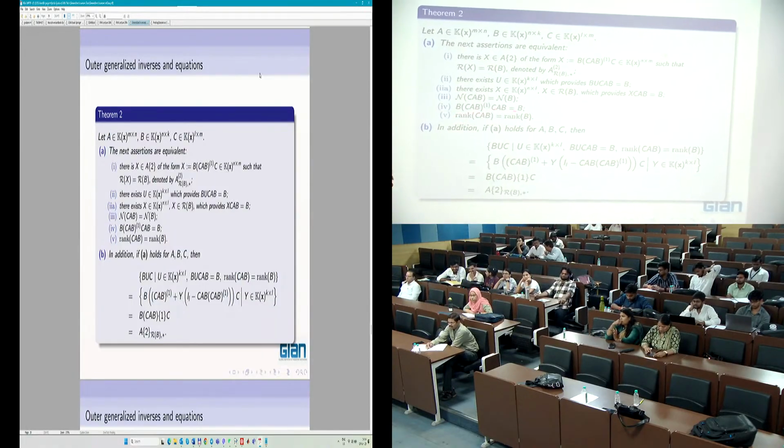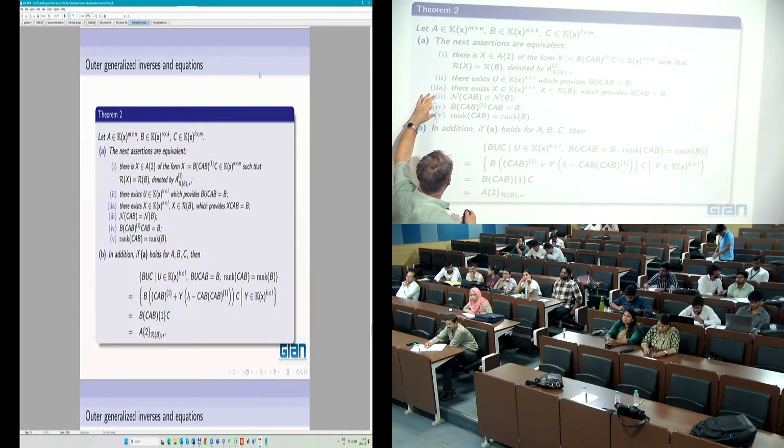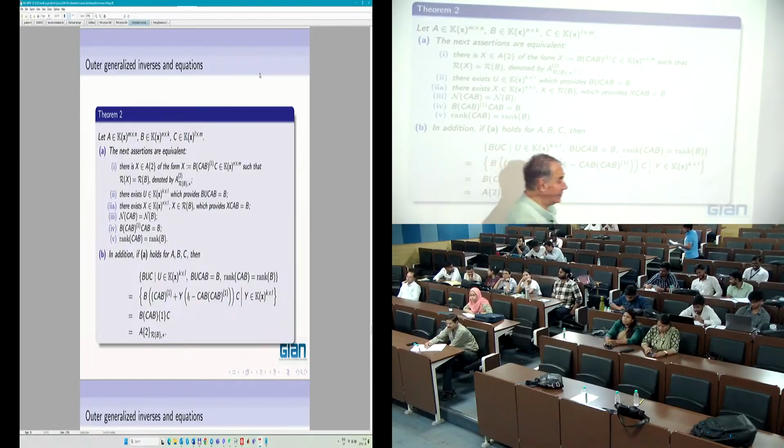We need to assume a condition. Also, theoretical analysis shows that BU-CAB equals B is solvable if and only if this equation is satisfied. Equivalence between 5 and 3 is well known in linear algebra theory.